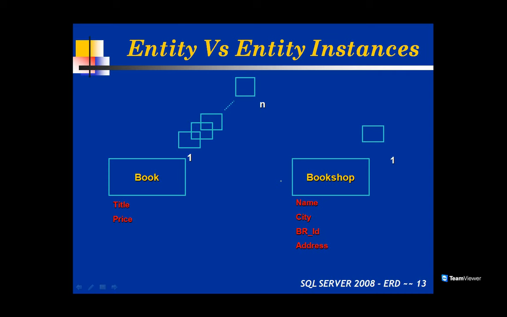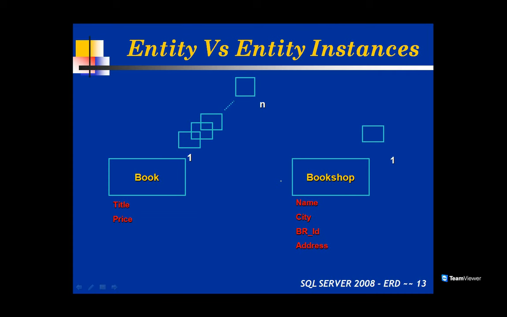Sometimes you may have a single instance. Sometimes you may have multiple instances. For example, how many Microsofts do we have in this world? We have only one Microsoft, but they have multiple branches. How many bookshops do I have? I have only one bookshop, but I have many branches. So bookshop is a single instance entity.